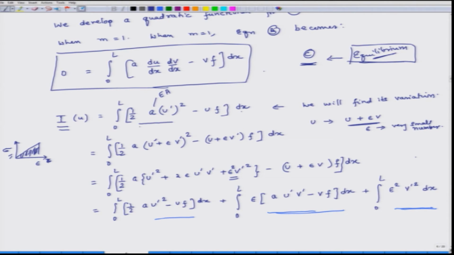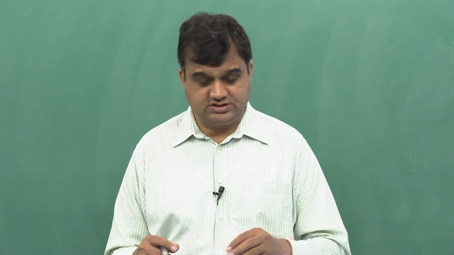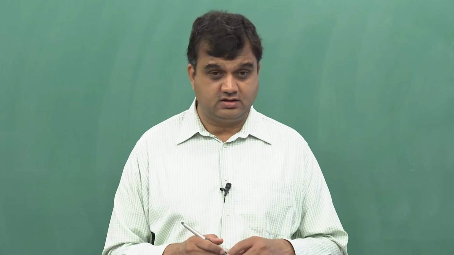And what does UF represent? U is displacement and F is force. So, this is external work, right. Strain energy is the internal work, and this is the external work.